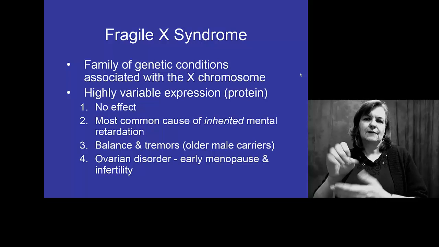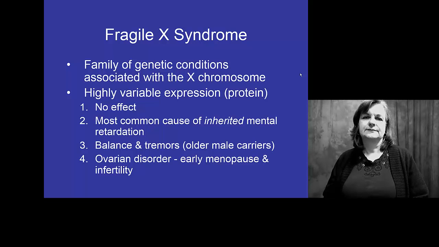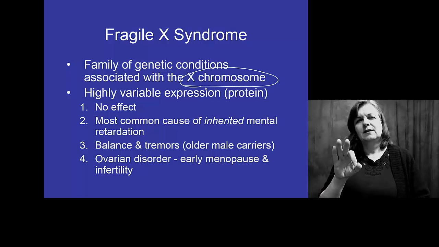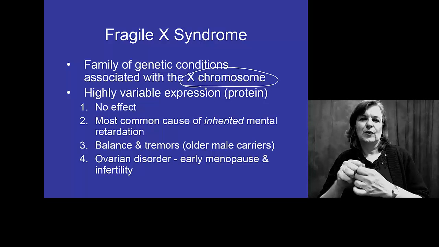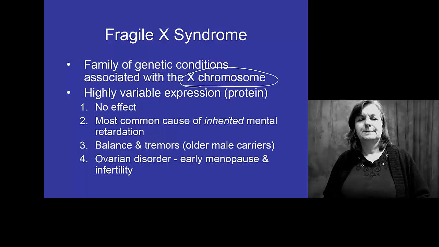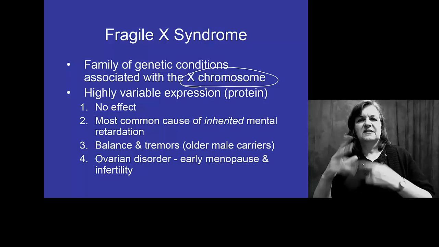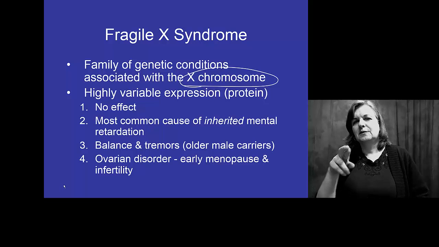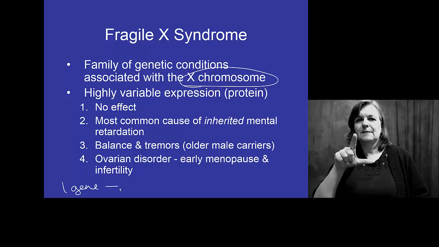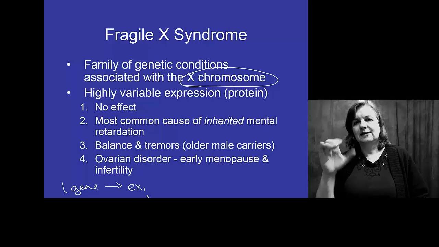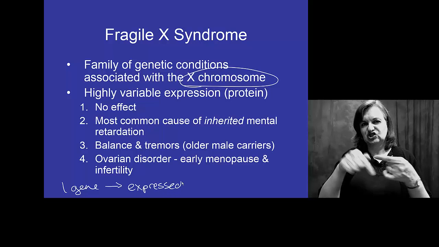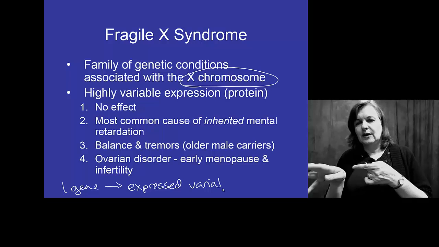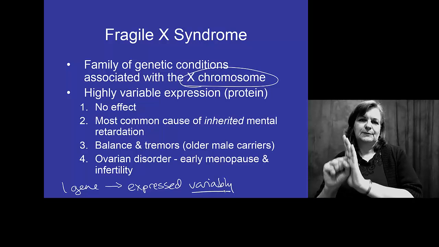Fragile X, on the other hand, is associated with the X chromosome, as I mentioned, and has very highly variable expression. So, like with sickle cell, this is a pleiotropic disease, meaning that you have one gene that is expressed in multiple ways, or expressed variably is a better way to think about it.